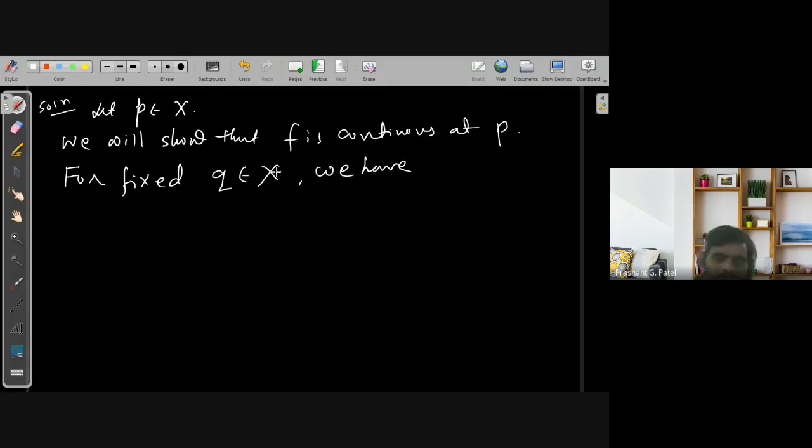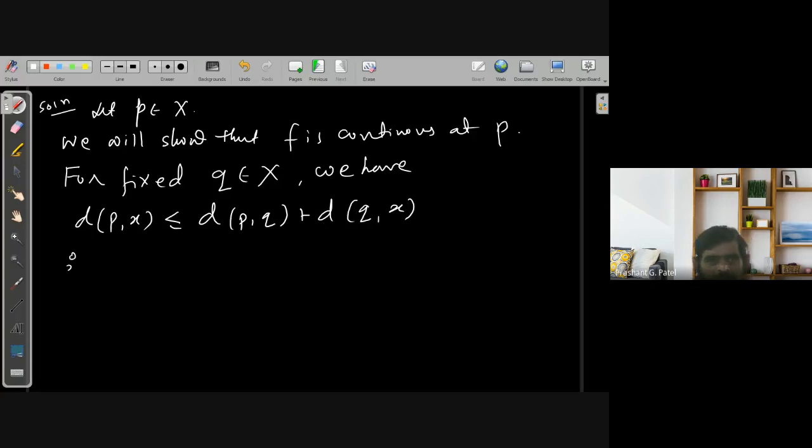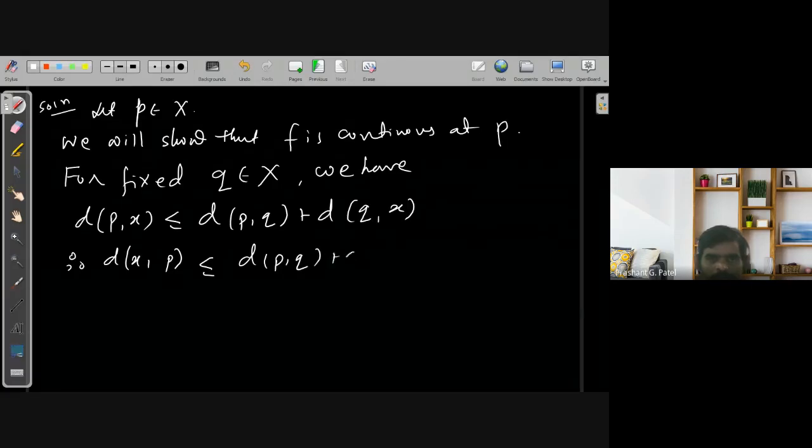We observe something. By the triangle inequality, we have d(P, x) is less than or equal to d(P, Q) plus d(Q, x). This gives you d(x, P) is less than or equal to d(P, Q) plus d(x, Q).